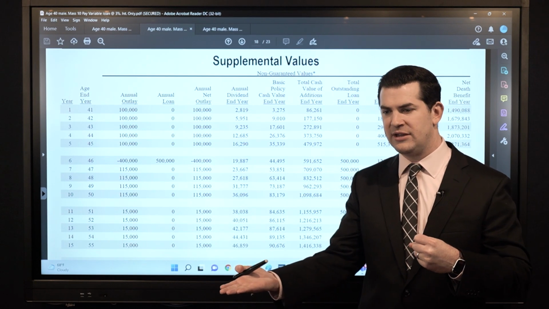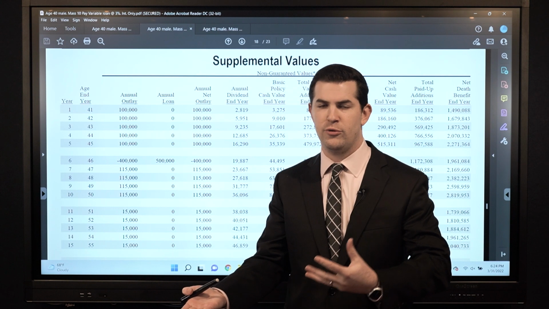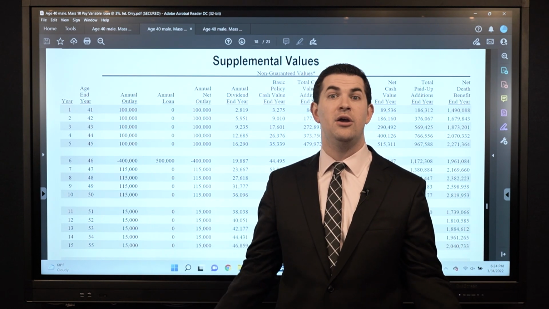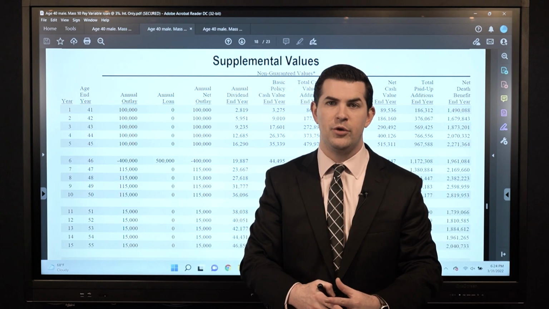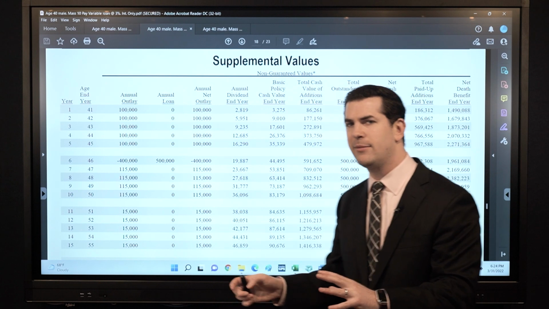Because what's important is to make sure that an Excel comparison sheet or a third-party piece of literature, if we're pulling the information from the illustration, those values should be identical, which is exactly what we do when we put these models together. It can be time consuming though.